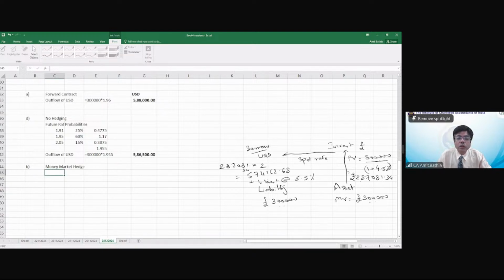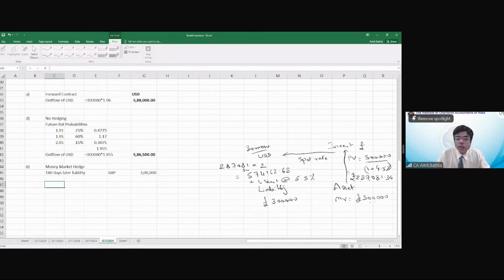All right. So first and foremost, what am I going to do? I need an asset, right? So 180 days later, the liability is there. Liability is how much? GBP 300,000, right? So I'm going to create an asset.